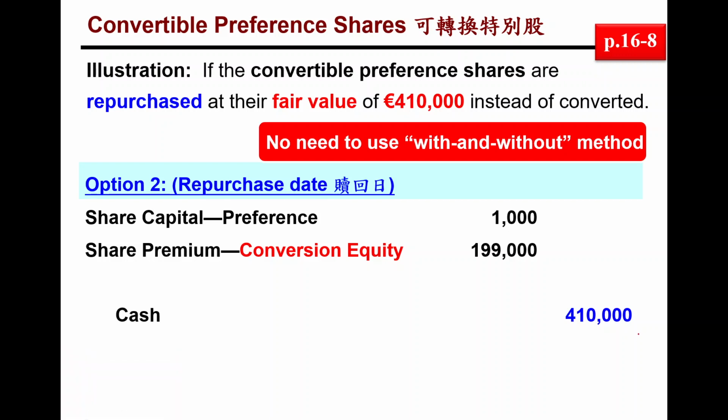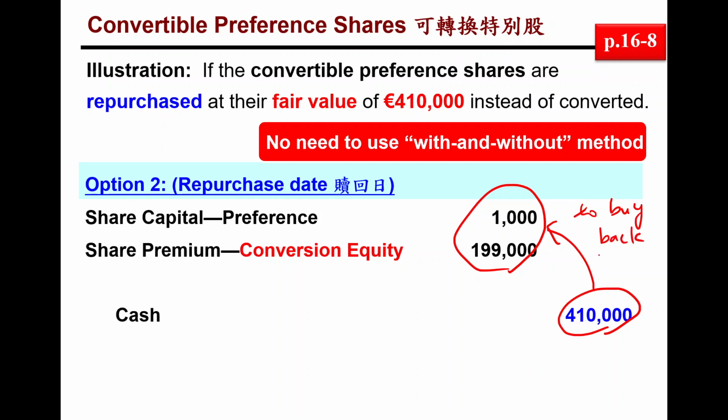So we use $410,000 to buy back convertible preference shares. Okay, so the difference is our gain or loss, right? How much? $210,000. So we have a loss, which is 410 minus 200,000. So I have a loss of $210,000.